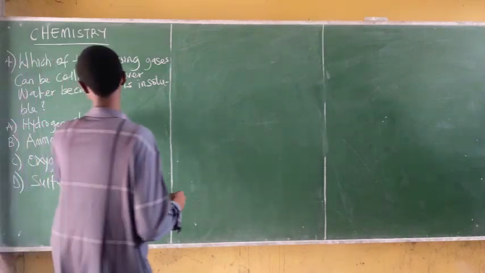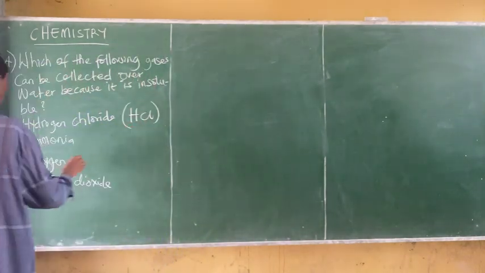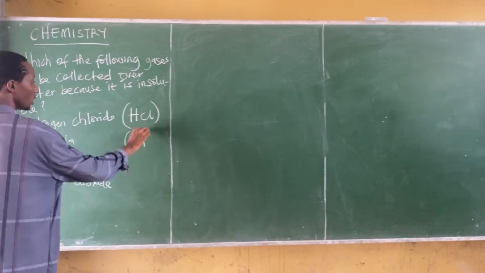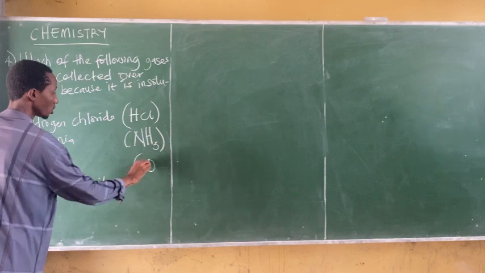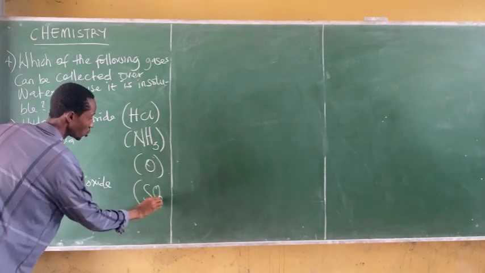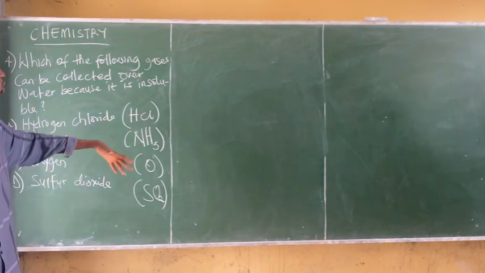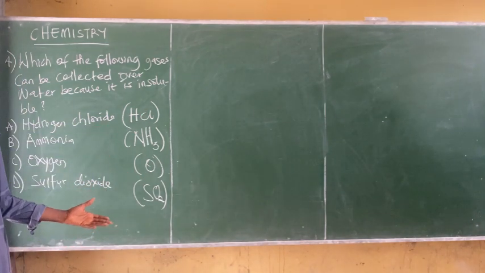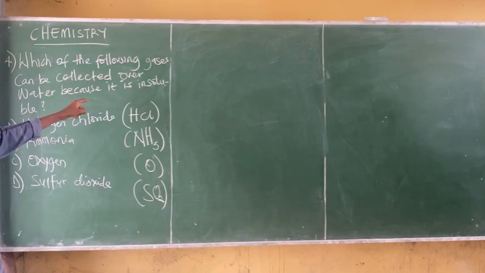For this now, we have hydrogen chloride, HCl, we have ammonia, NH3, we have oxygen, and we have sulfur dioxide, which is SO2. Among these compounds, which of them can be collected over water?